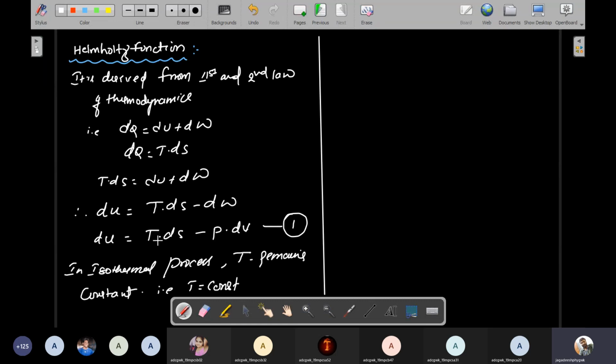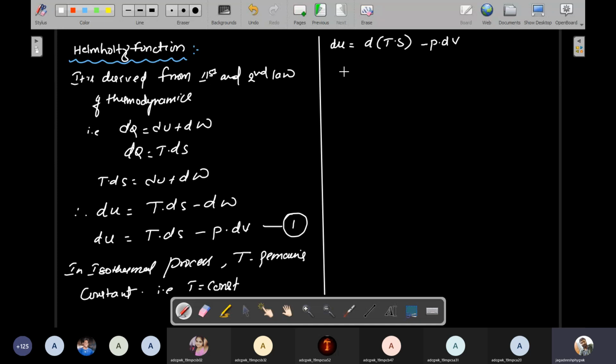So if T is constant, then in T dot ds, d is a differential operator, and since T is constant we can move it inside the differential. So this equation will change into du is equal to d of T dot s, because it is a constant, minus p dot dv.